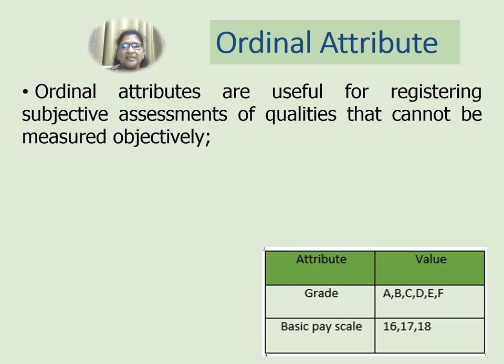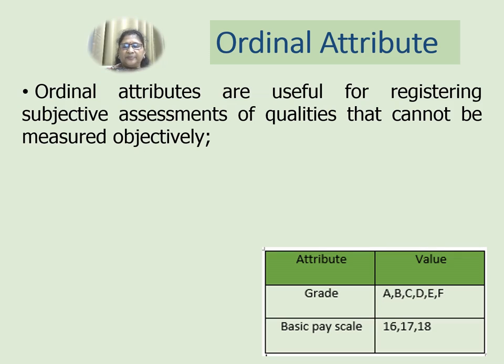We have categorized our attributes as qualitative and quantitative. When we say that some particular student has scored double the marks of some other student, we can quantitatively measure it; those are numeric data items. Qualitative items are either nominal or ordinal.